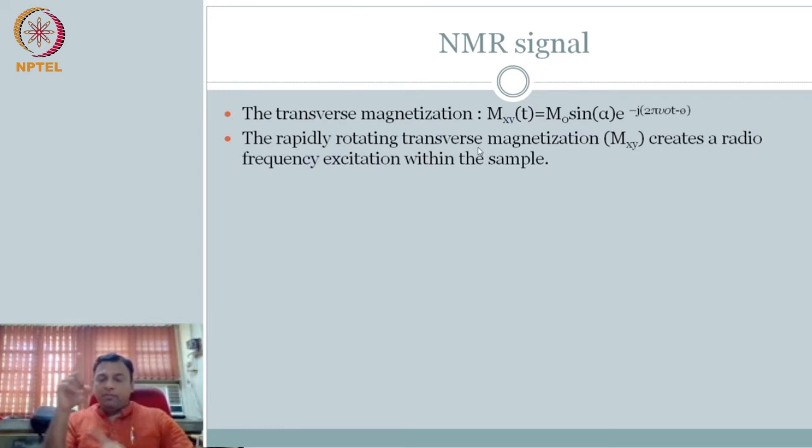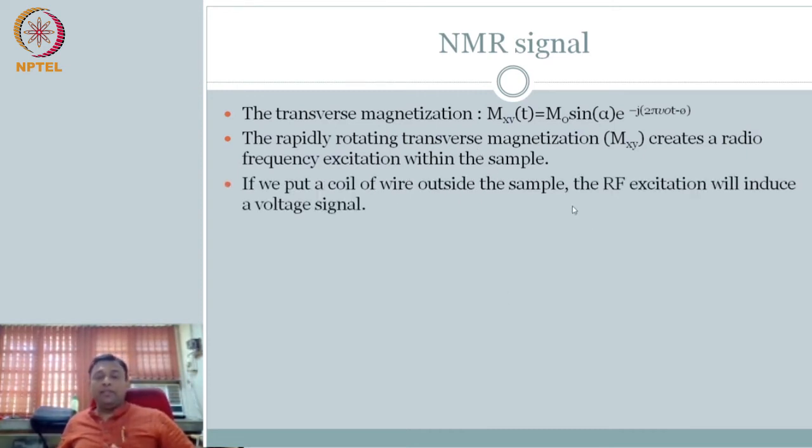So when you have a sample and the magnetic vector is rotating, then it creates an RF excitation, right? It's reciprocal, electromagnetic. So when you have a magnetization vector that is rotating rapidly, the sample is experiencing an RF excitation. What will happen is, if you put a coil of wire outside the sample, this RF excitation will induce a voltage.